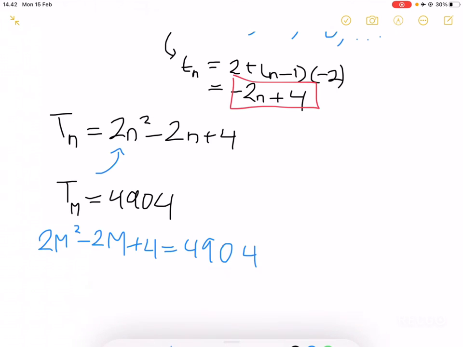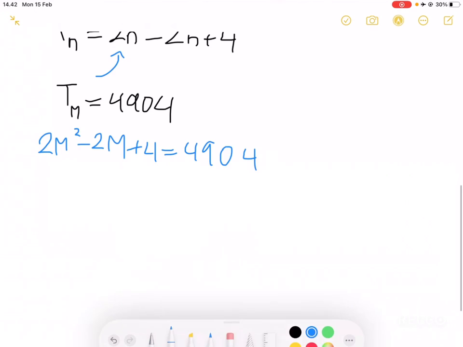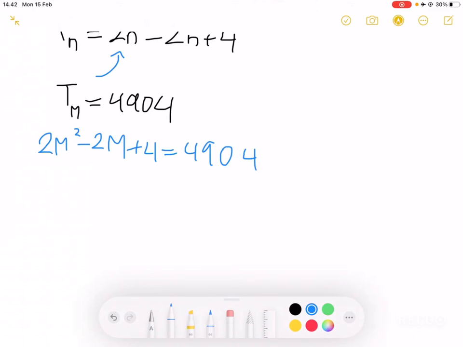and perhaps you can just switch this into a quadratic equation. So subtracting by 4904 on both sides, you get 2m squared minus 2m minus 4900 is equal to 0. And then if you want to make the number smaller, you can just divide all of this by 2.